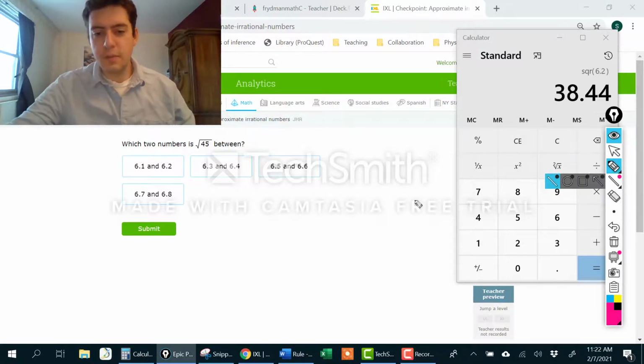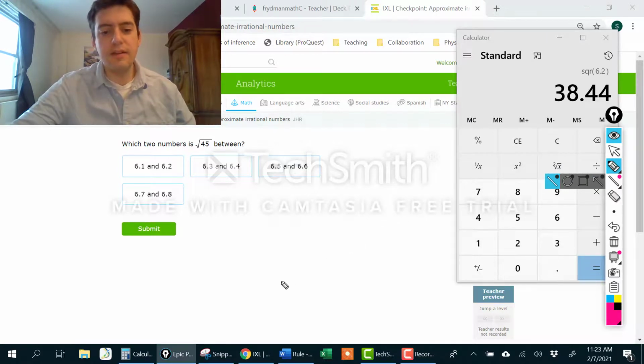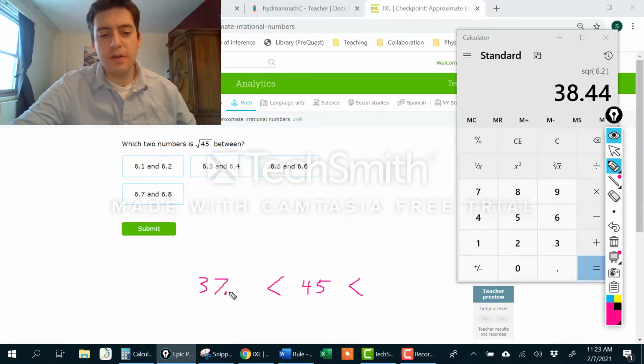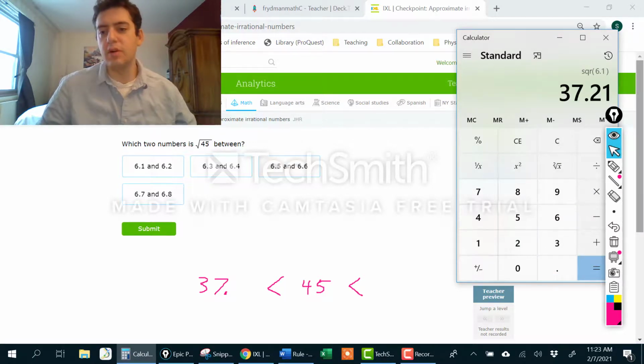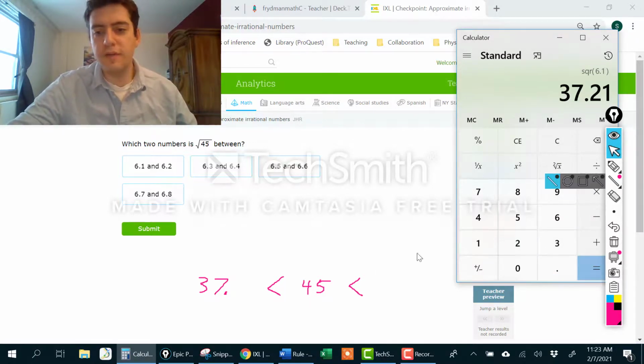Now, at this point, I could say that if it were the case that 45 was between what I got before, 37, what did I get before? 37.21, right? 6.1 squared, 37.21.